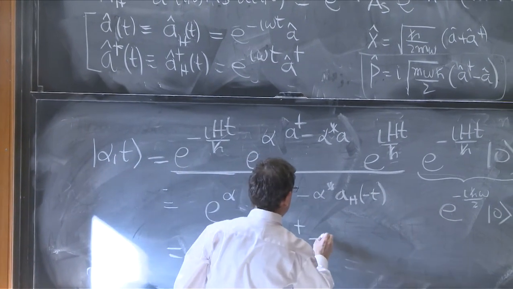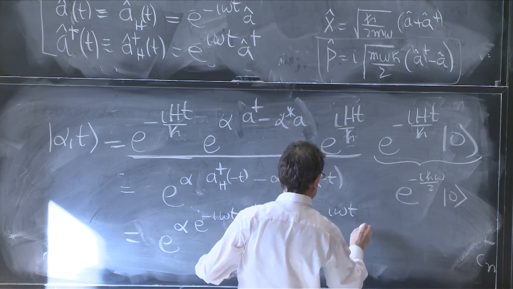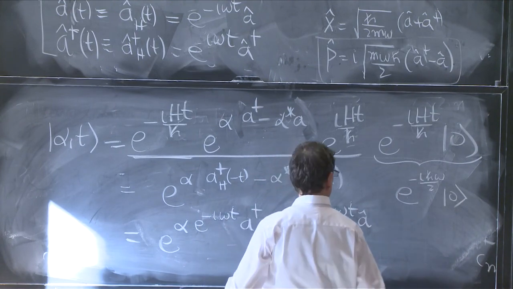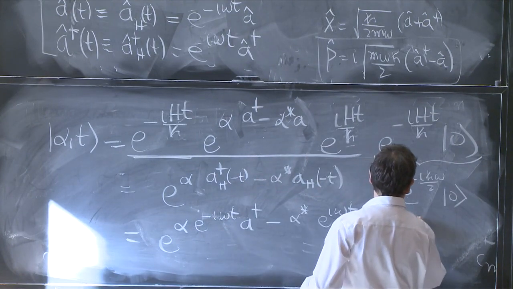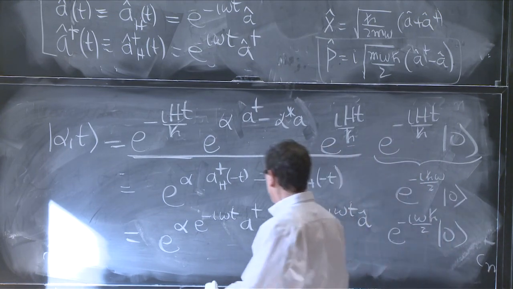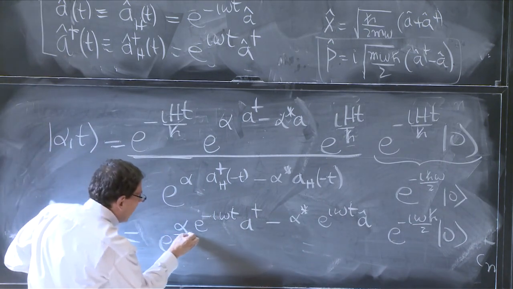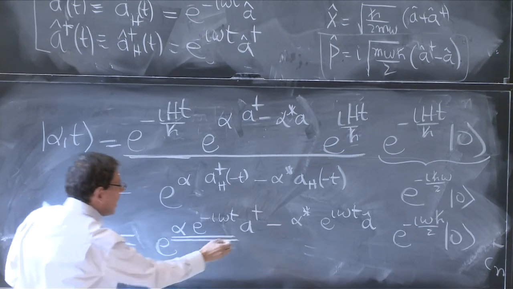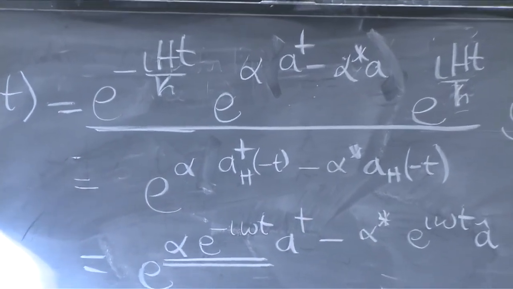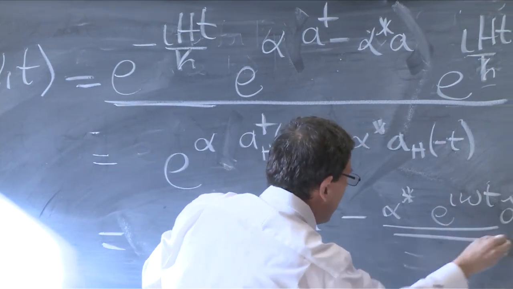And here you have minus alpha star e to the i omega t a, on e to the minus i omega h bar over 2 times the vacuum. And look what has happened. Alpha has become alpha times e to the minus i omega t. Because the star is here. It's minus the star one.